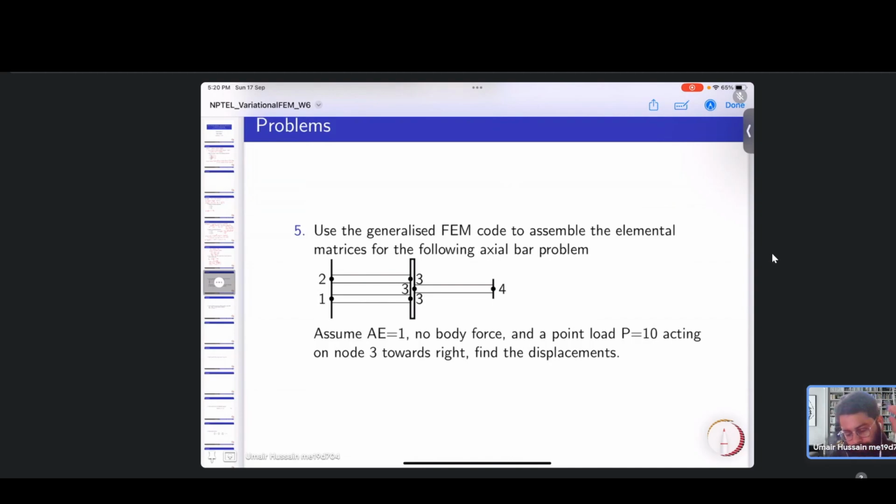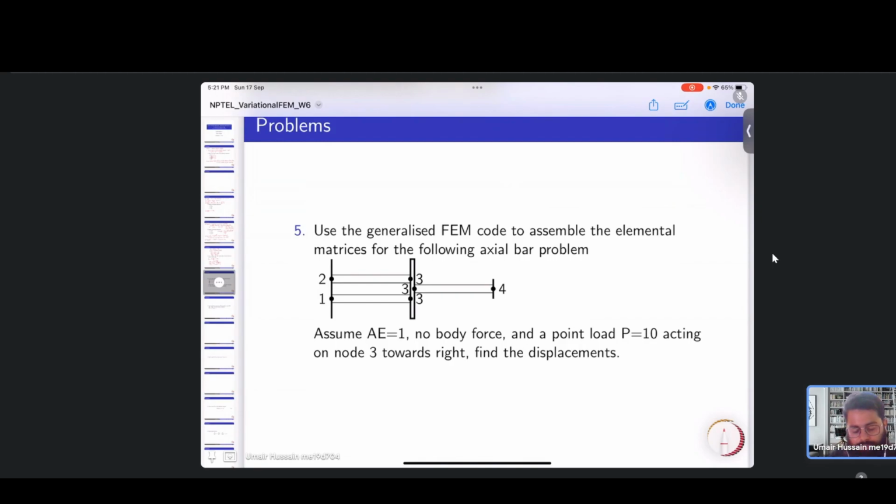I discussed this kind of 1D element problem where the elements are connected in this fashion, and we saw how to make the connectivity matrix for this kind of problem. But we haven't solved this problem actually. So now we'll try to solve it using our generalized FEM code.